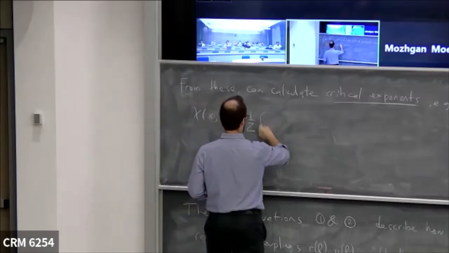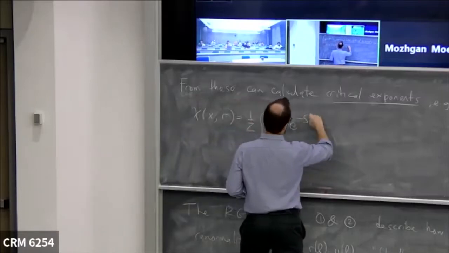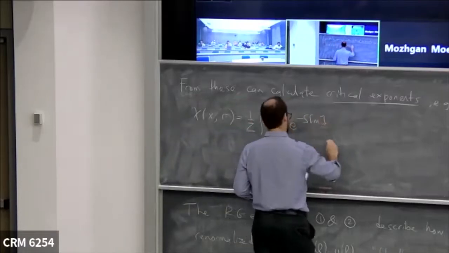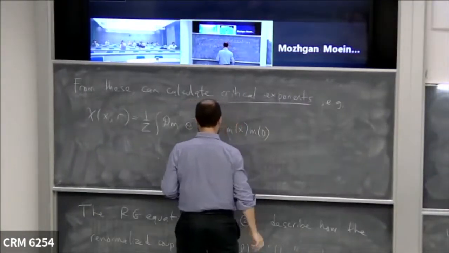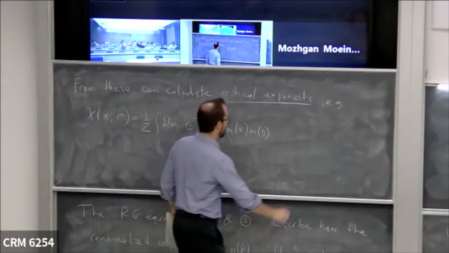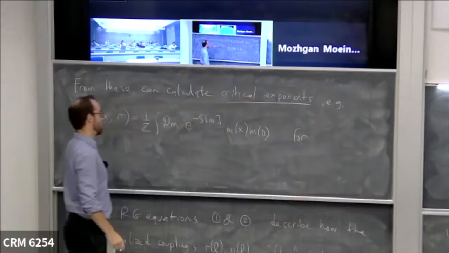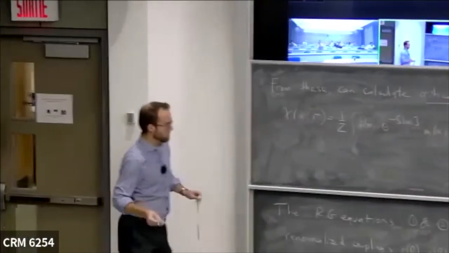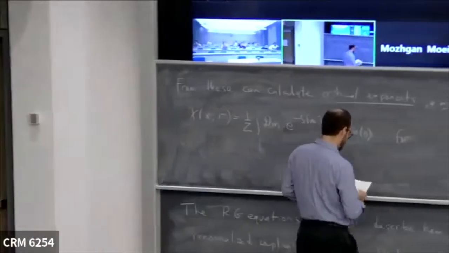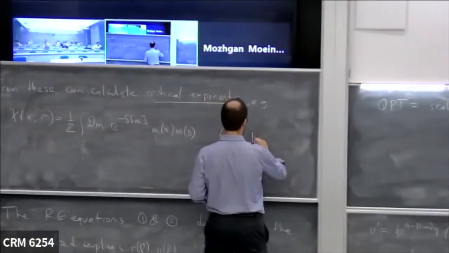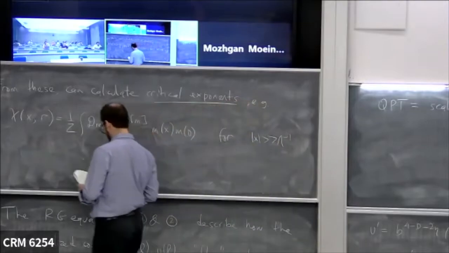It's just a correlation function, a path integral over these two insertions. The idea is that I want to compute this. Of course, I will only see the universal power law behavior for distances that are much bigger than the coarse graining scale, so for x much bigger than lambda inverse.